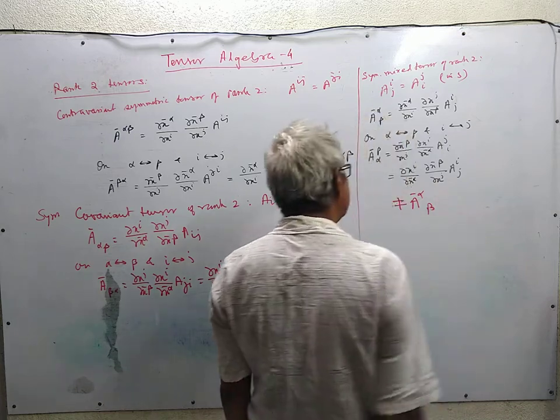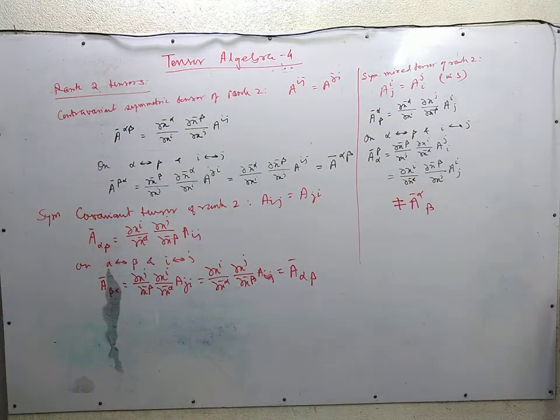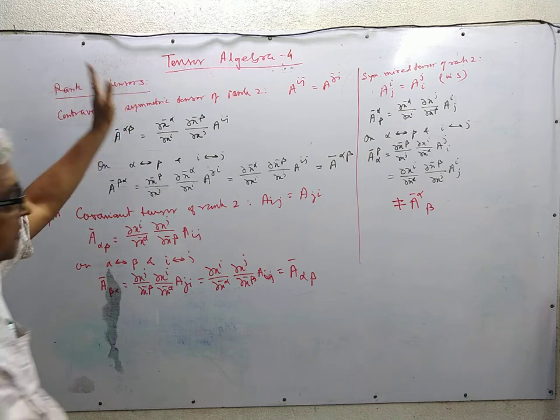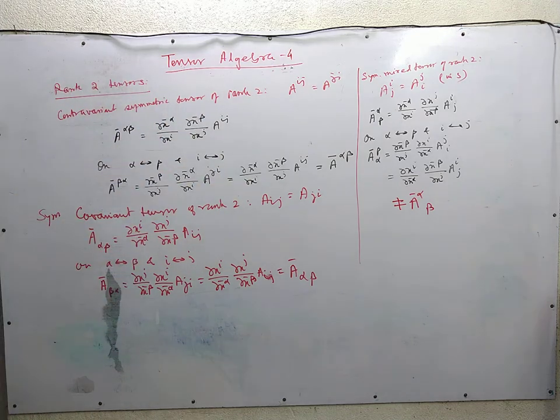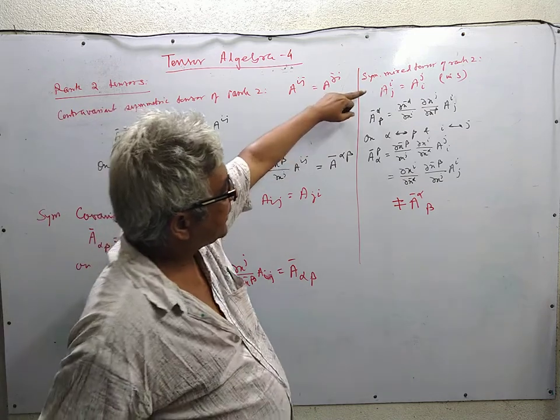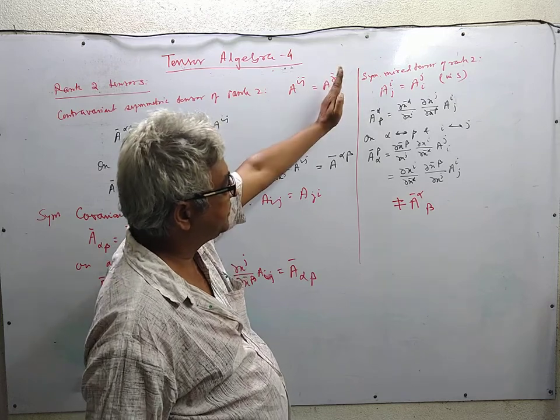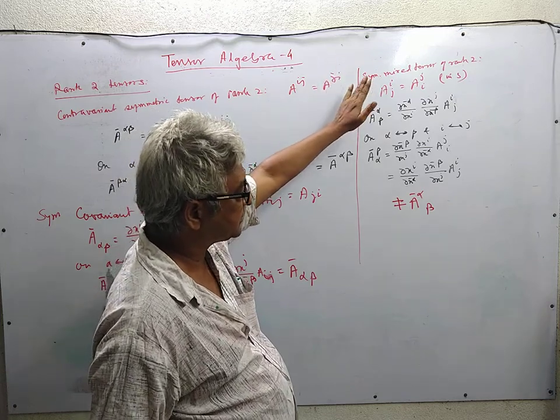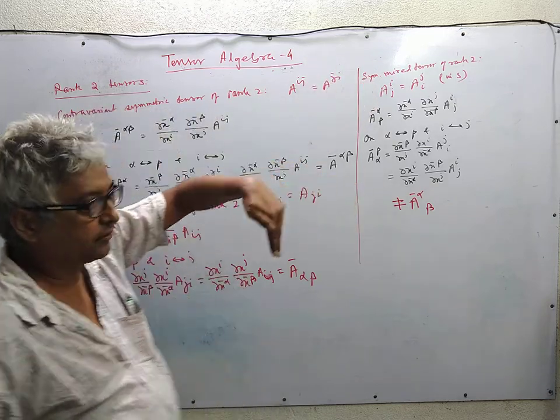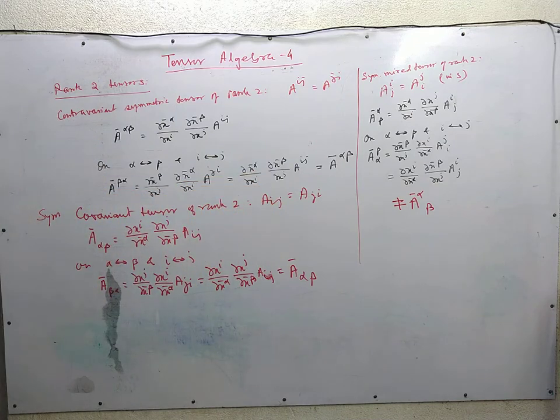So what we see is that if we have a rank 2 tensor, covariant or contravariant, which is symmetric in one coordinate system, it will be symmetric in all other coordinate systems under tensor transformation. But a symmetric mixed tensor of rank 2, if it is symmetric in one coordinate system, the symmetry is not carried over to the other coordinate system.